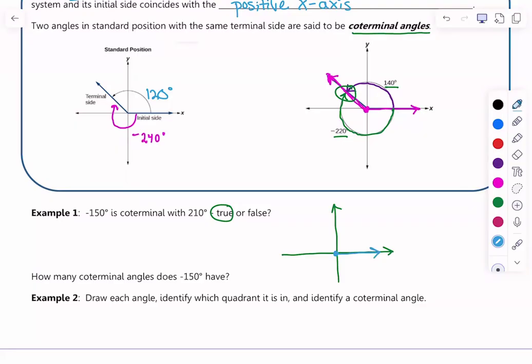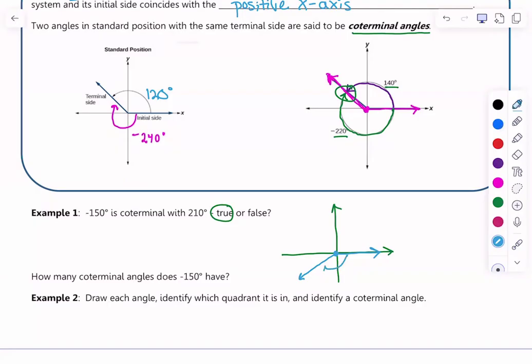Negative 150. I'm definitely approximating because I'm going negative. Remember, if I'm going negative, this would be negative 90 from there to there. So I need to get to negative 150, so it looks like I need about 60 more degrees. Maybe not the best, let me go a little bit further.